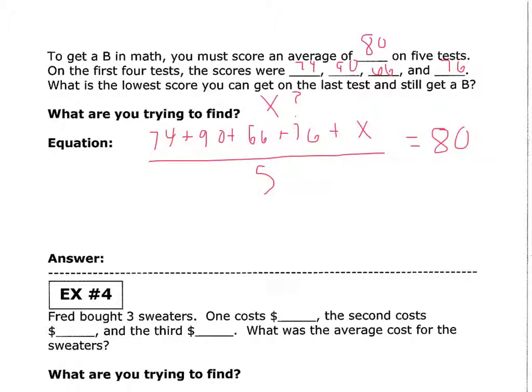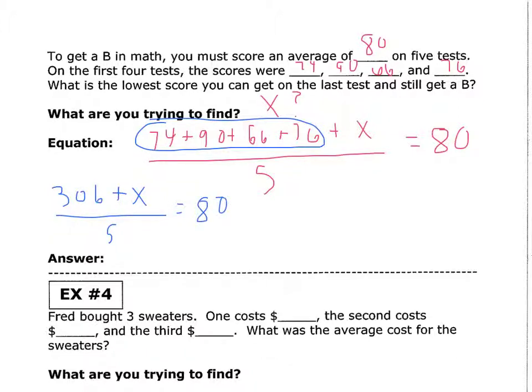Okay, so let's go ahead and combine like terms, adding up all of these guys right here. And if you add all those up, you get 306 plus x divided by 5 equals 80. And then we're going to go ahead and solve the equation. So we have to undo division with multiplication, so multiply by 5 on both sides.